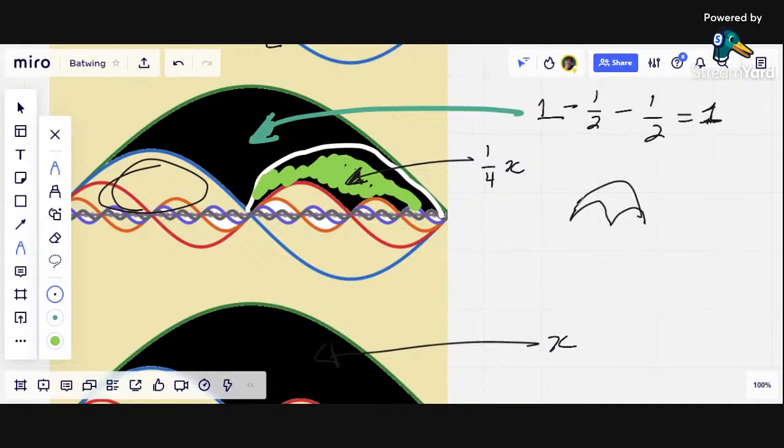Okay, so this area here, with that shape, that's got an area of 1. But the whole thing is x.